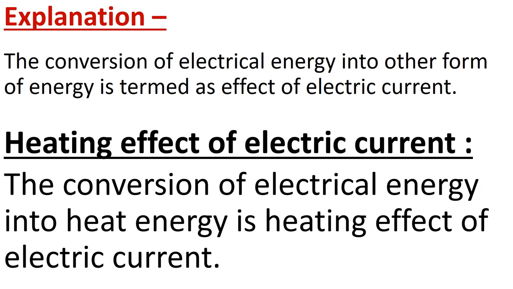Explanation: the conversion of electrical energy into other forms of energy is termed as effect of electric current. The first effect, heating effect of electric current. Students, the conversion of electrical energy into heat energy is the heating effect of electric current.